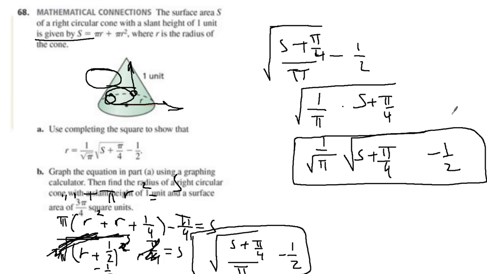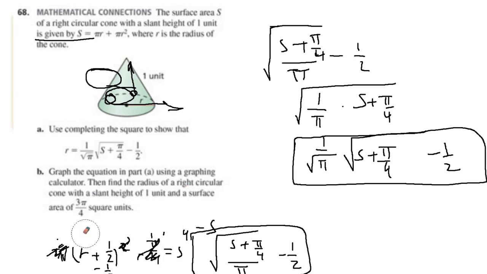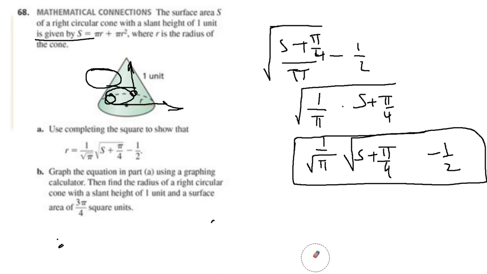Next, graph the equation. We are not graphing any equations today. Find the radius of a right circular cone with slant height of 1 and the surface area of 3 pi over 4 square units. If the slant height is 1, and this formula is for a slant height of 1 cone, we don't have to worry about modifying the formula at all.